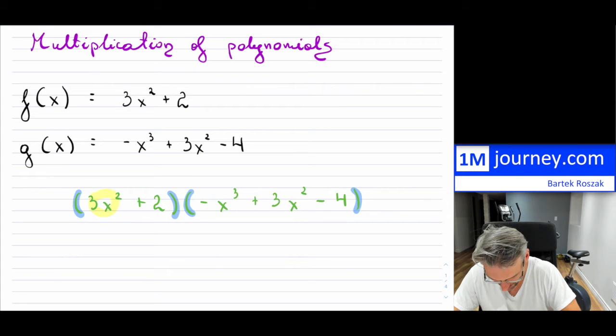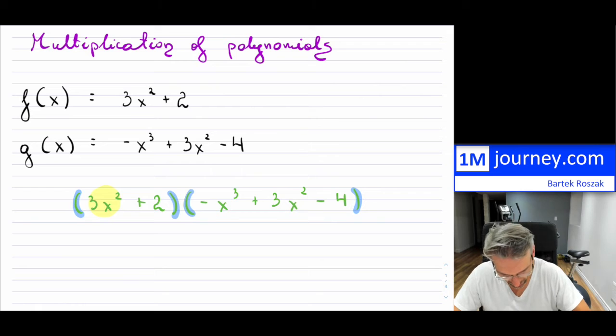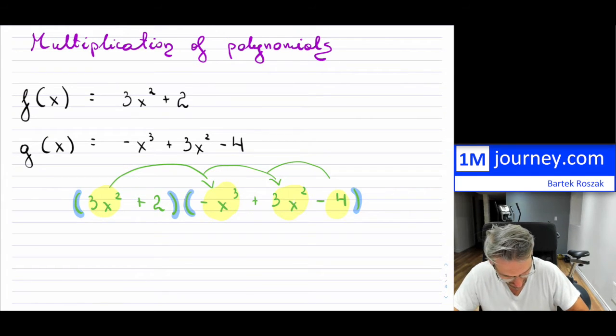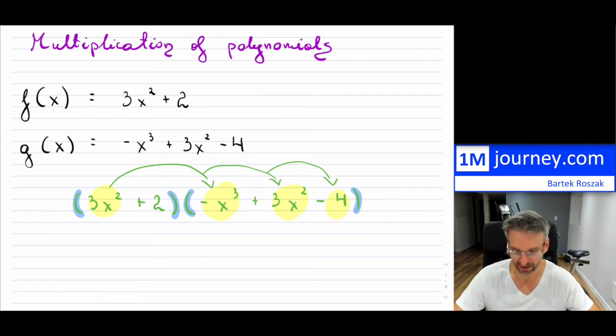So let's say this is my first term. We're going to take this term and multiply it by every single term in that second factor, right? So we're going to multiply it by all of these. And to do that, you're basically just using the distributive property, going through and multiplying it along.